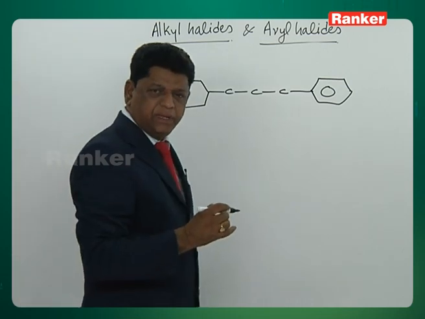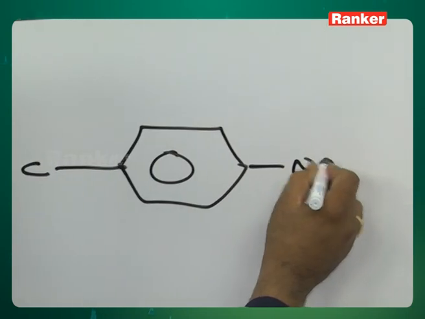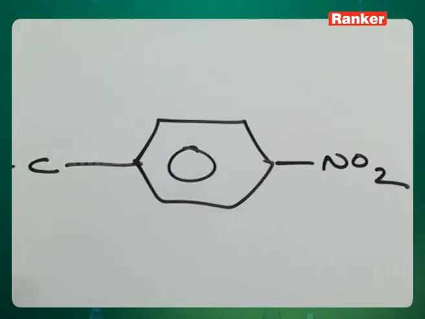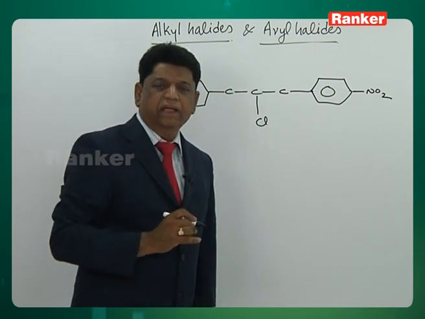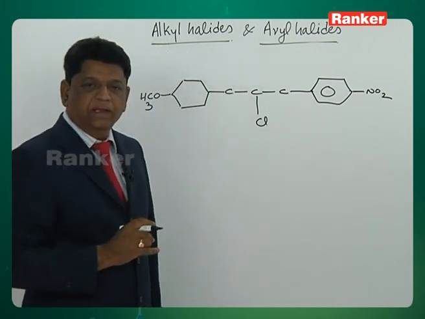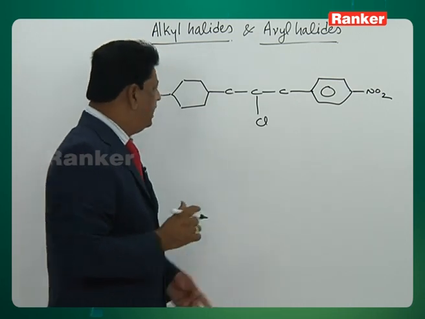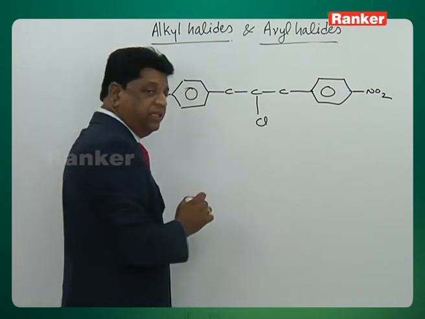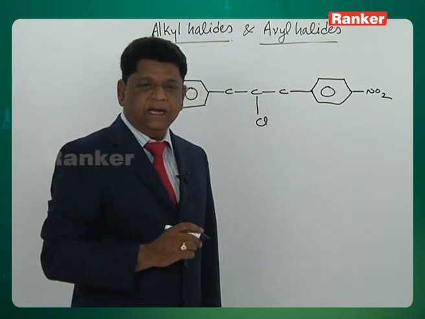The other has a nitro group. In the middle carbon there is one halogen, and this halogen is substituted in the hydrolysis reaction. This Cl will go and next OH comes. That is one answer, so answer K is right.